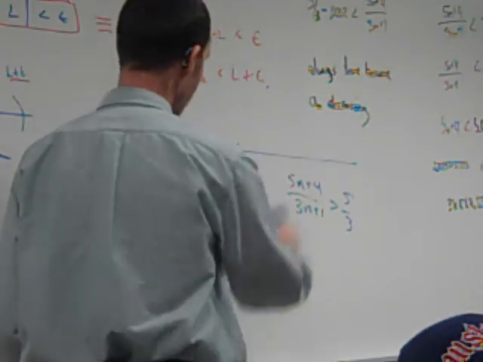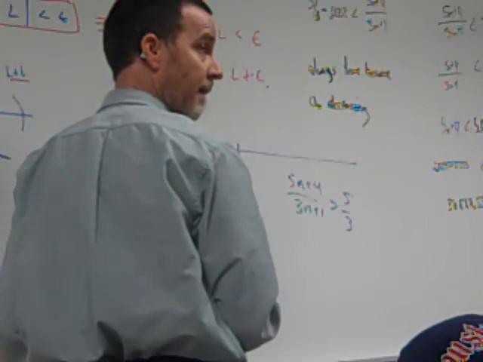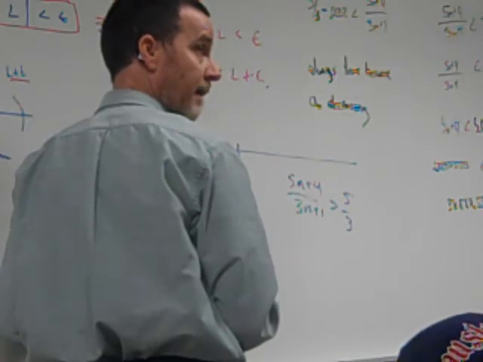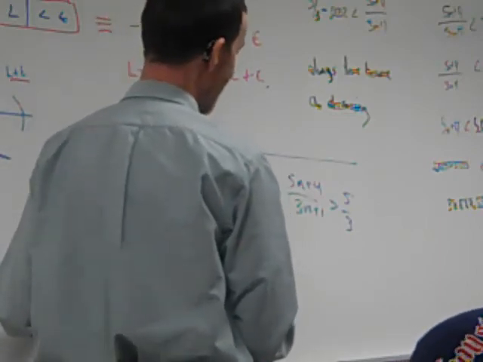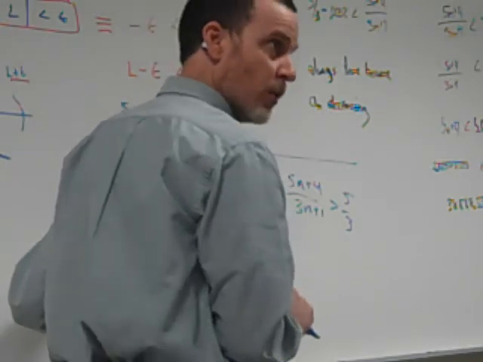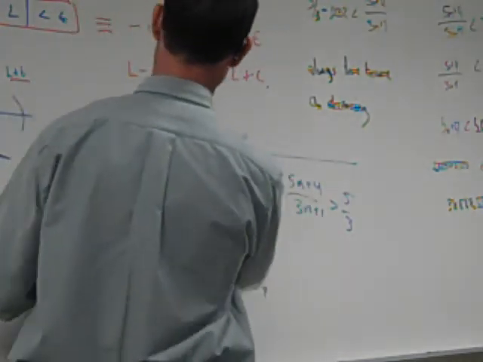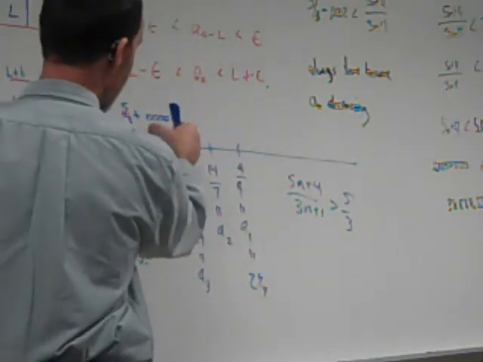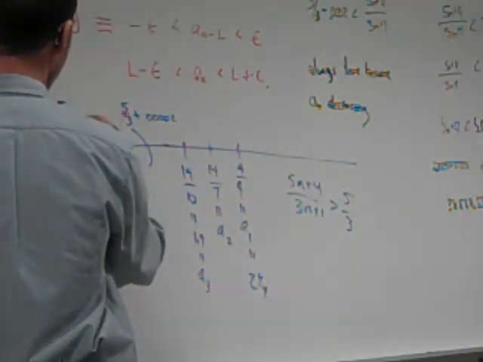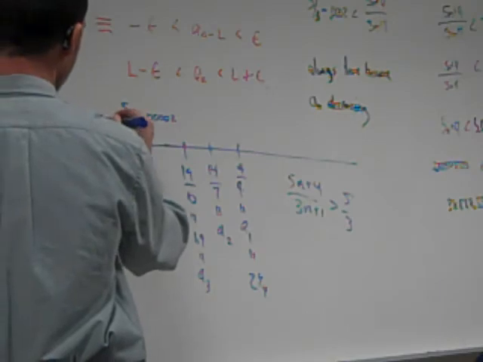They're always bigger. Oh, it's approaching it, but it never gets to it. Correct. It approaches but never gets to it. You got it. Okay, so now, here's 5/3 plus my tiny neighborhood, and here's 5/3 minus my tiny neighborhood.